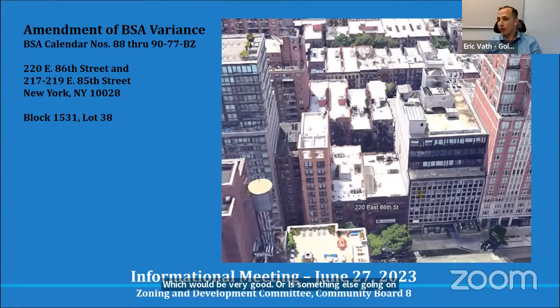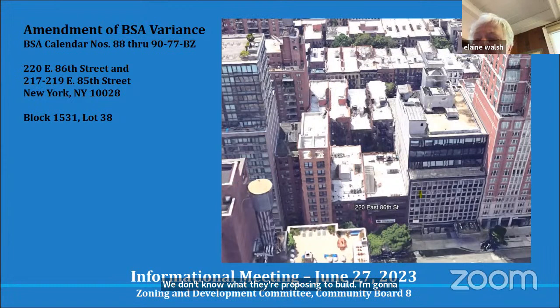I'm saying we don't know. My clients had a discussion with the Postgraduate Center for Mental Health. We don't know what they're proposing to build. I'm going to try to find out and see if we can get you more information. Of course, they do own other property on, what's this, 86th, about, could be 78th, 77th Street, and they've rented out a lot of that space to other entities.